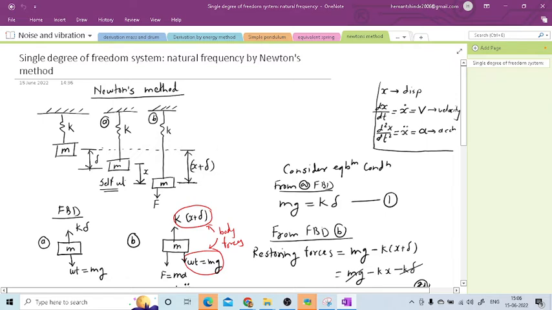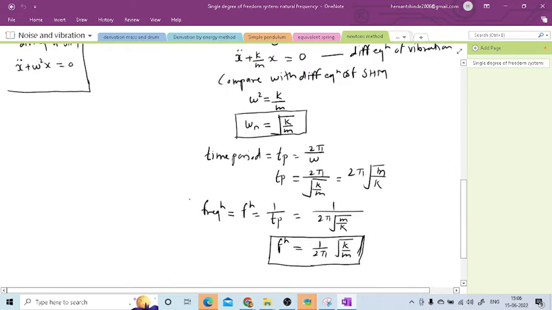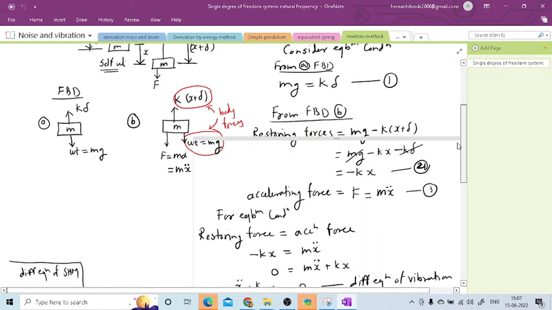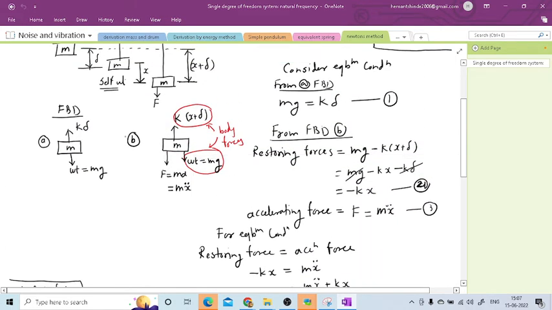In this Newton's method, you can see the displacement of this mass is because of the self weight, this displacement is because of the externally applied force, and the most important thing required for our torsional derivation is we require the restoring force and accelerating force.